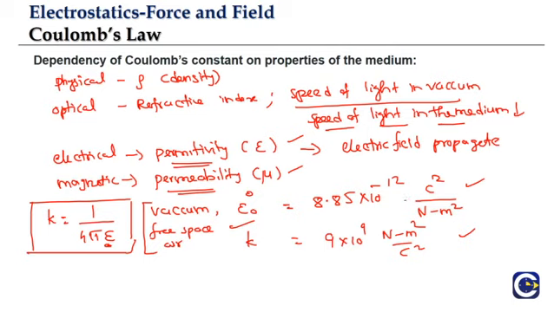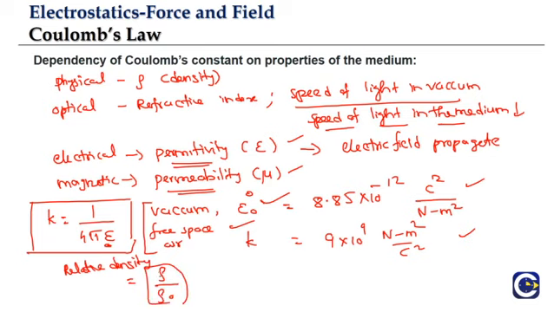So what we would do is try to relate the permittivity of every medium to the permittivity of vacuum or free space by using a ratio concept, just like the way we talk about relative density in physical quantities. Relative density is nothing but the density of any material divided by the density of the reference material.